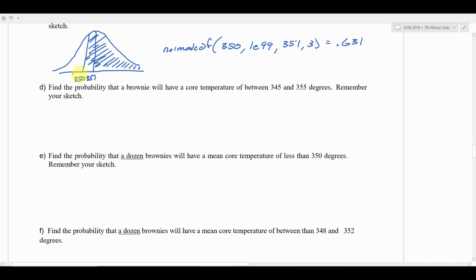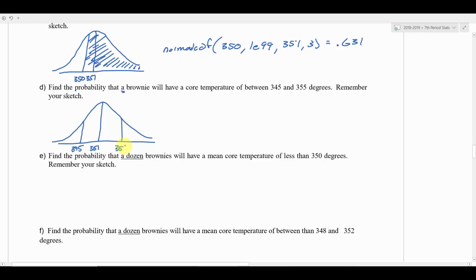All right, so find the probability that a brownie will have a core temperature between 345 and 355. Again, same distribution, with the center at 351. And we're going to be in between 345, which is over here, and 355, which is over to the right.